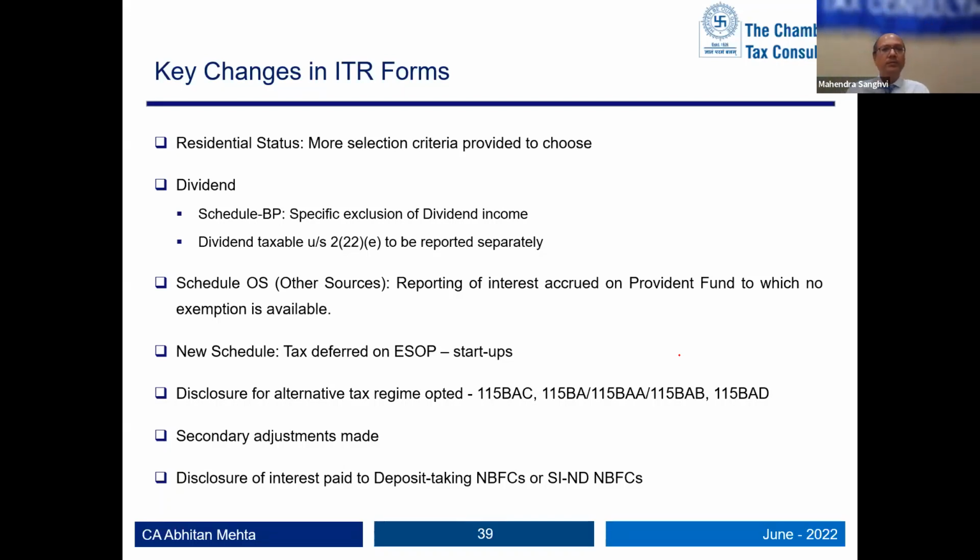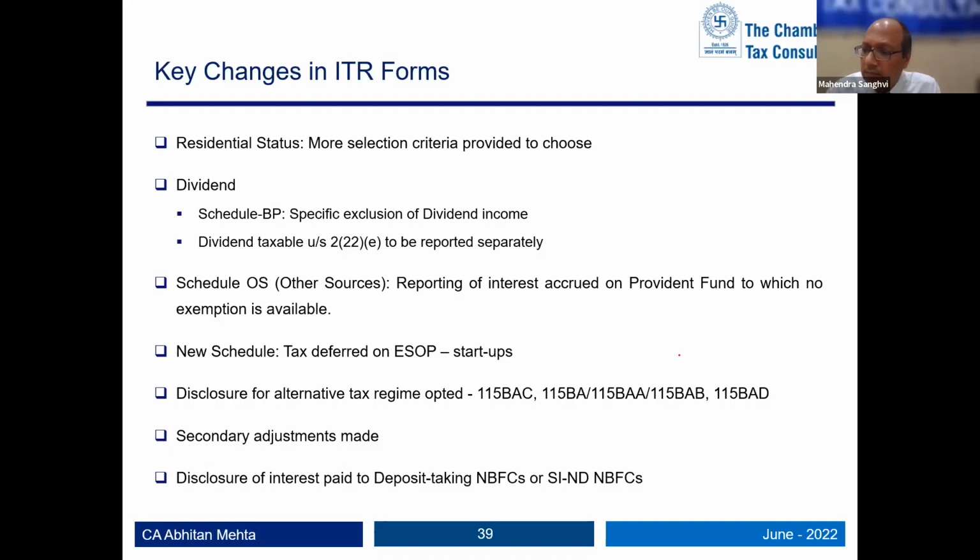On two small things on dividend, a specific exclusion of dividend income in the schedule of business income is provided. Otherwise, you had a general exclusion for income taxable under house property, capital gains, and other sources. Now they have specifically provided for a dividend income exemption separately.